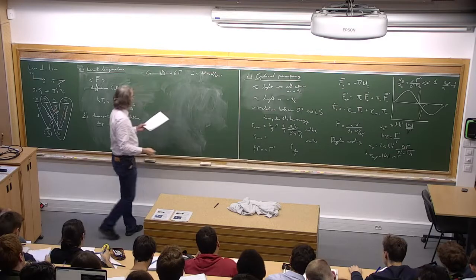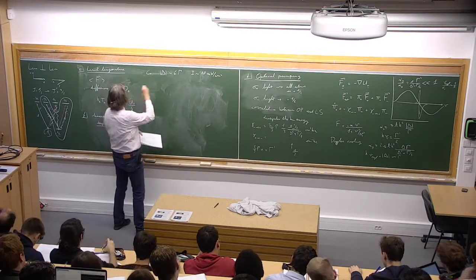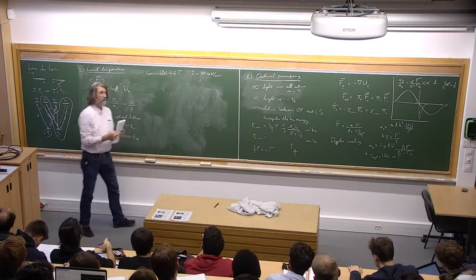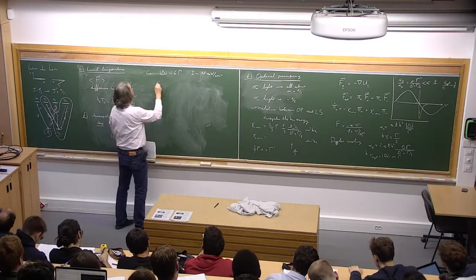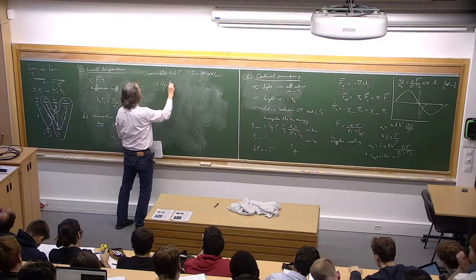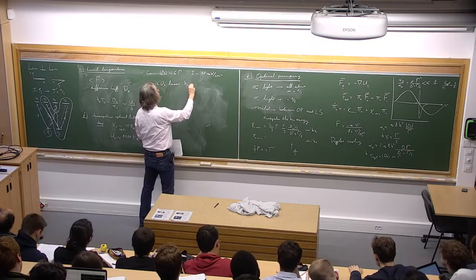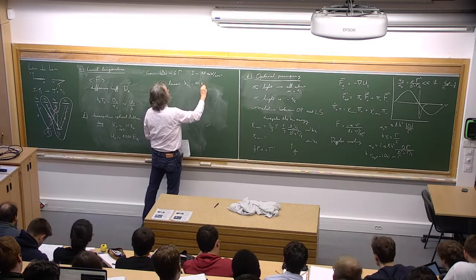centimeter. And if you use the same atom, but instead of using laser diodes, you want to use a CO2 laser, so lambda CO2, I suppose you know, is 10 microns.